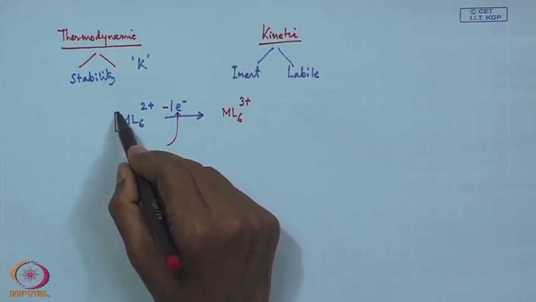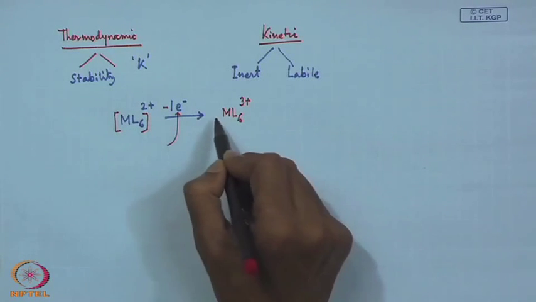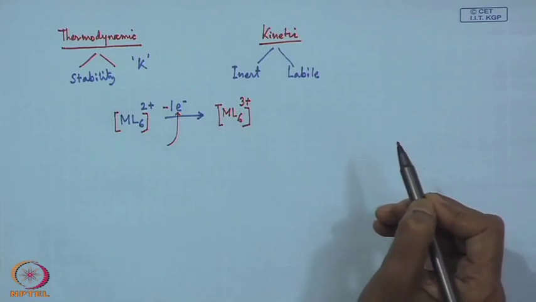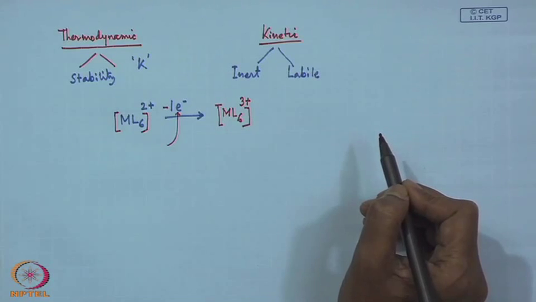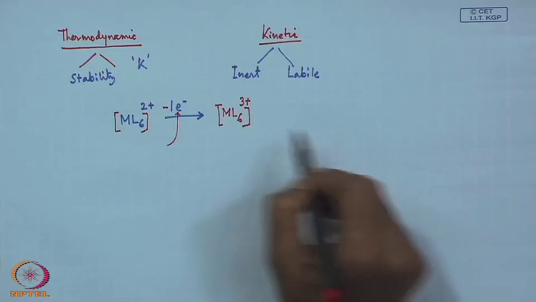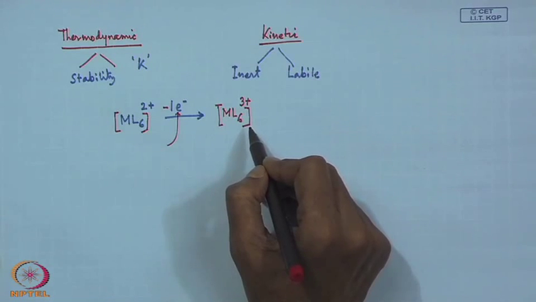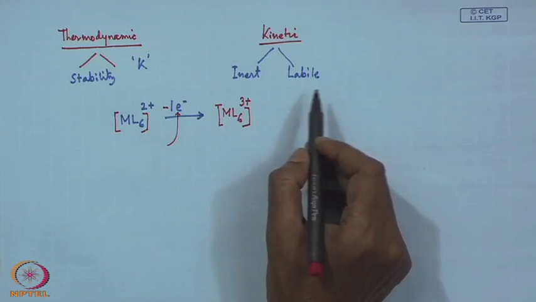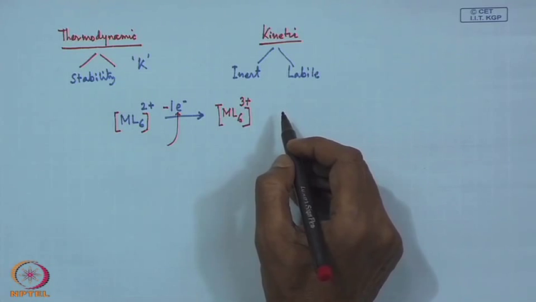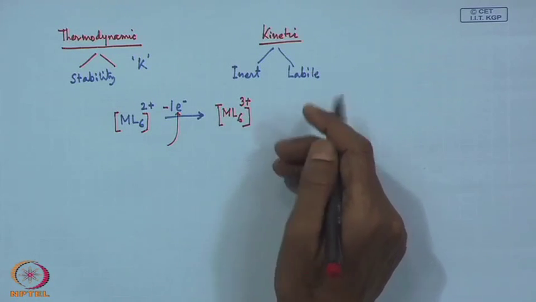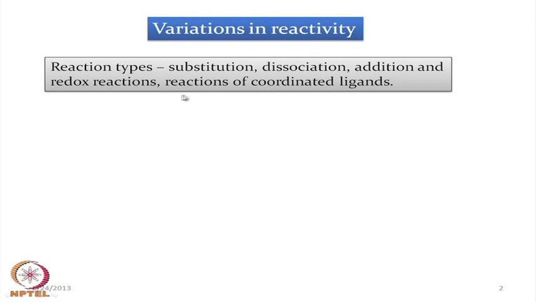So, both of them are ML6, with only a change in the oxidation state of the central metal ion. So, we get the redox reactions, and for that we can have all these values, whatever we are seeing for the substitution or the addition or the elimination reaction of the metal complex.